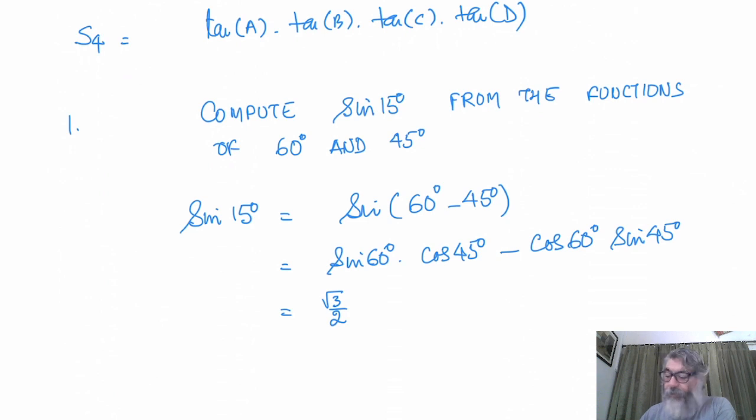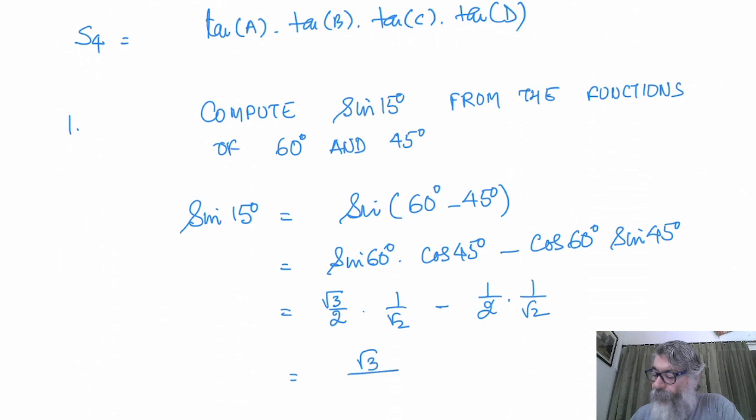That is sin 60 cos 45 minus cos 60 sin 45. Sin 60 is root 3 by 2. Cos 45 is 1 by root 2. Cos 60 is 1 by 2 and sin 45 is 1 by root 2. So it is root 3 upon 2 root 2 minus 1 upon 2 root 2.